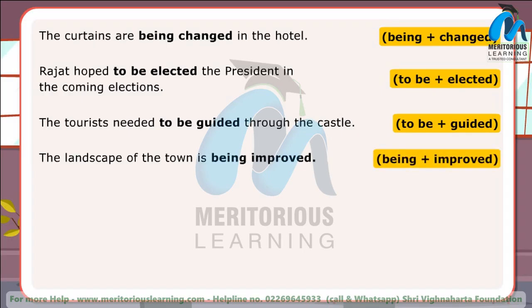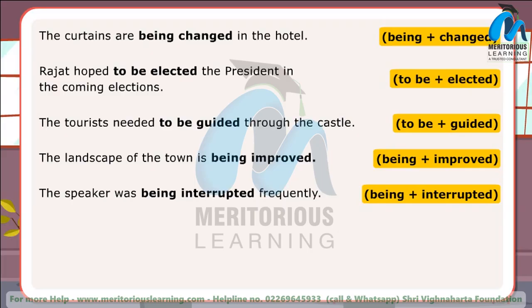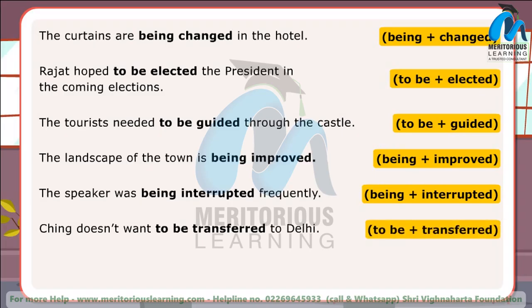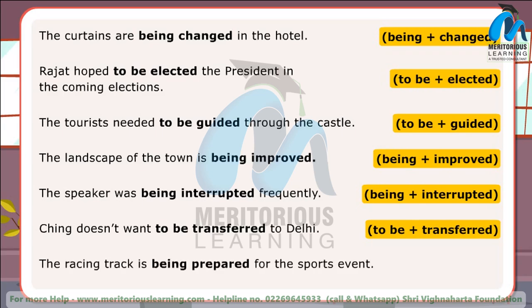Being plus improved. The speaker was being interrupted frequently. Being plus interrupted. Ching doesn't want to be transferred to Delhi. To be plus transferred. The racing track is being prepared for the sports event. Being plus prepared.